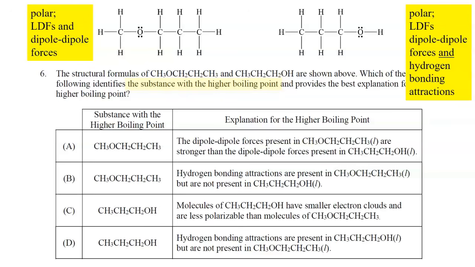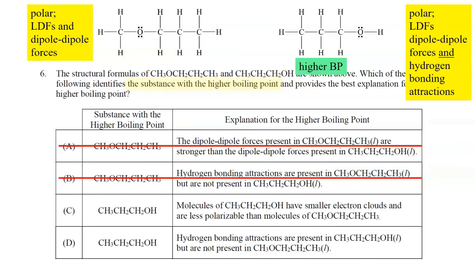So if I have to predict which substance is going to have the higher boiling point based on stronger intermolecular forces, it would be the molecule on the right. That means that I'm narrowing down my choices to either C or D. And what I'm looking for is the presence of hydrogen bonding in my explanation.